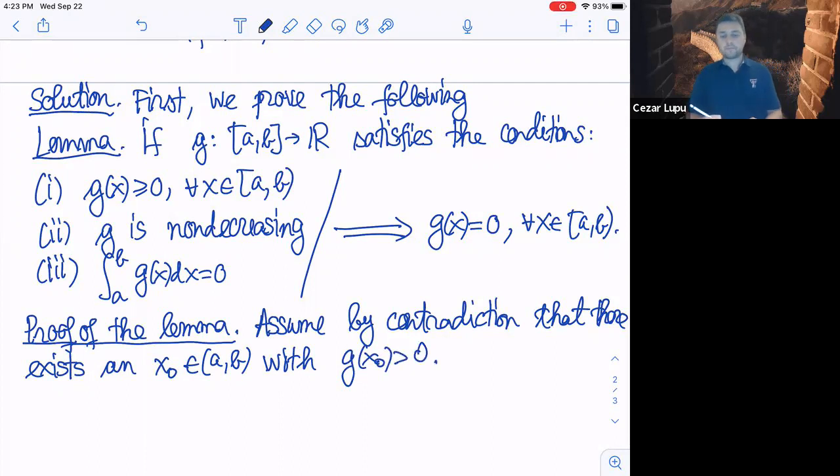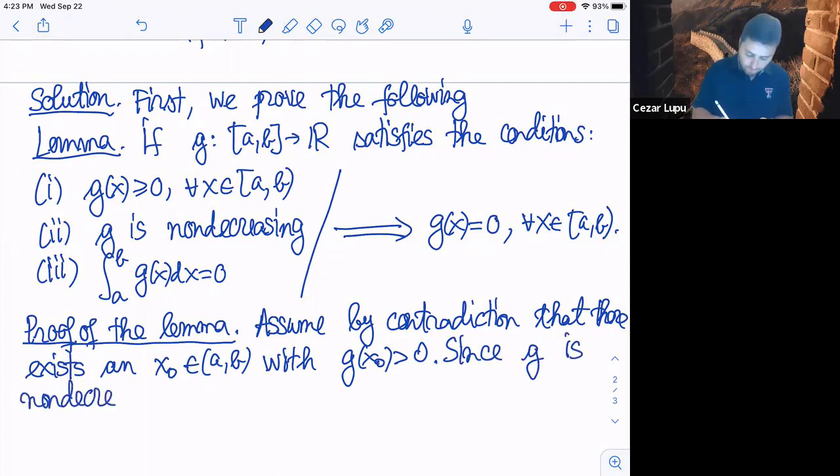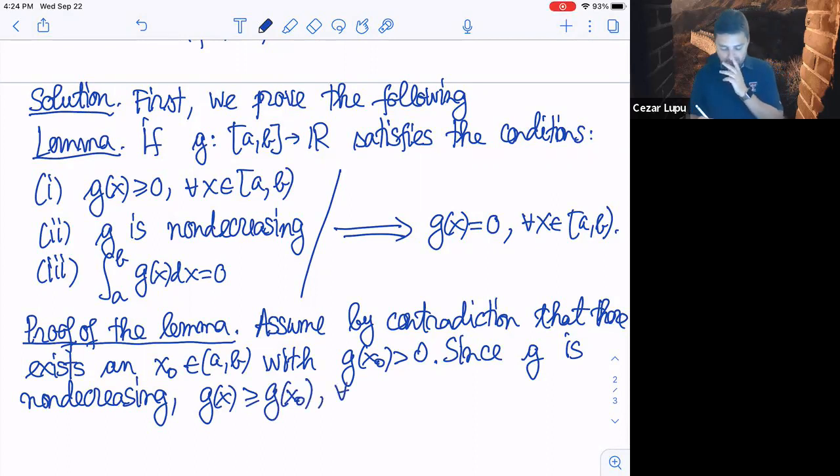All right, great. Well, since g is non-decreasing, g of x is greater or equal than g of x0, and this happens for all x in the interval [x0, b].